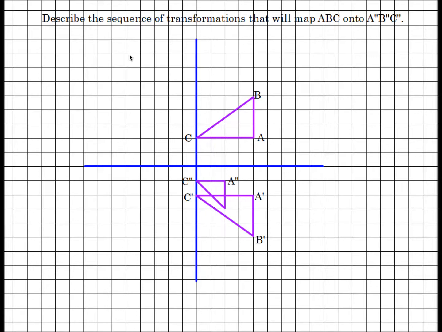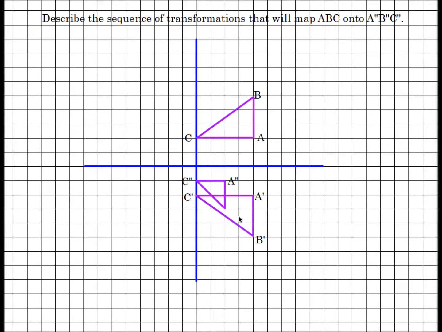And we're going to walk through this one together. First of all, I want you to notice that the first triangle is ABC. So this is the original triangle. The second triangle is A prime, B prime, C prime. Study what happens from the first triangle to the second triangle.